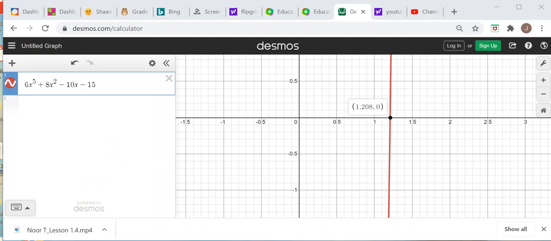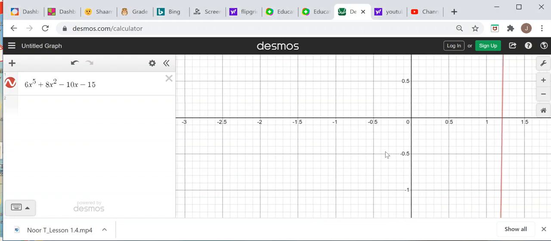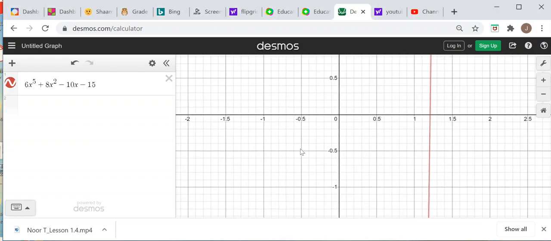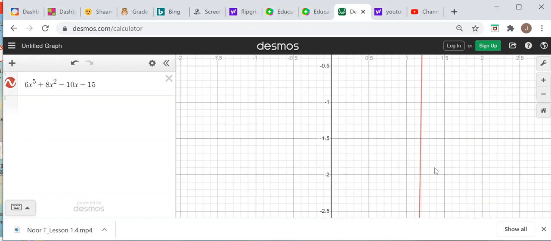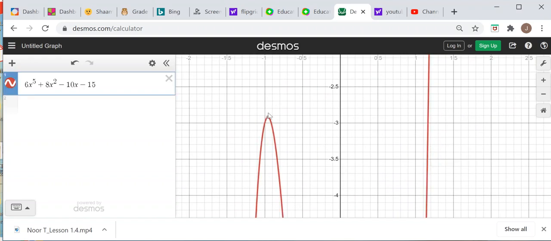Okay, so putting it into Desmos, we can see that there's actually just 1 root, which is between 1 and 1.5. And we don't have any negative roots. So we're going to have imaginary roots.